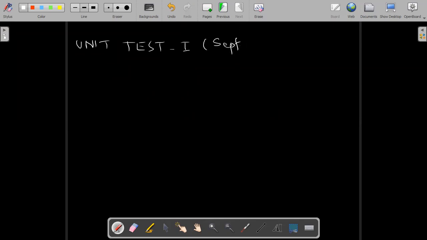Any date will be announced. In September you have to appear for the unit test, and this will be an MCQ question paper, and duration is 40 minutes.